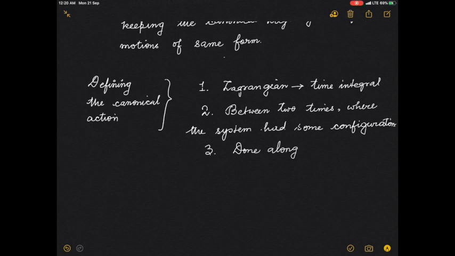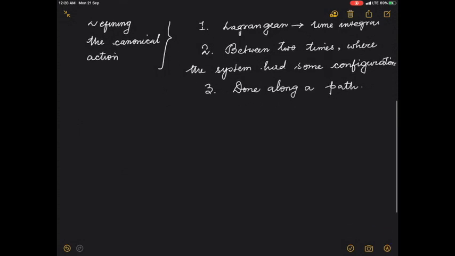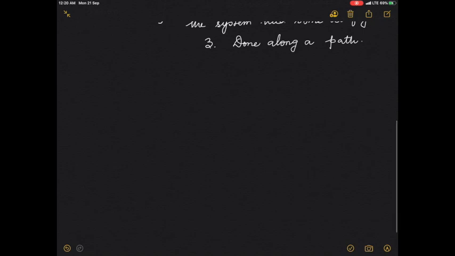And this is also done along a path. I should not say trajectory, it's any path.